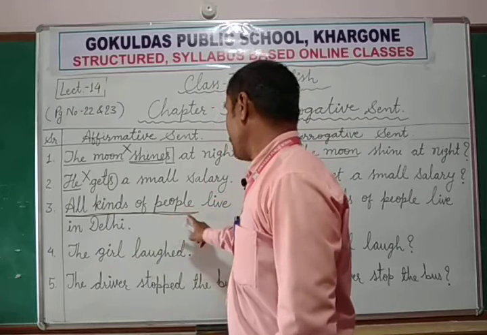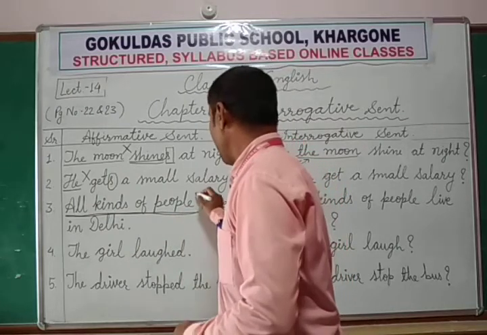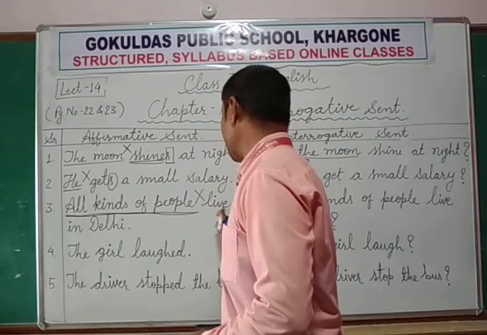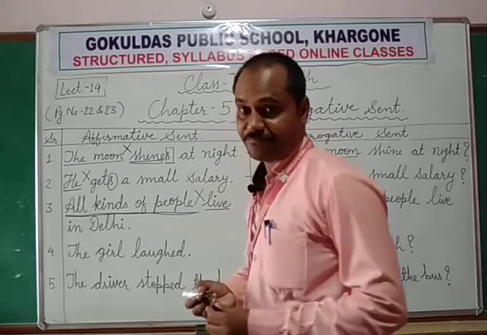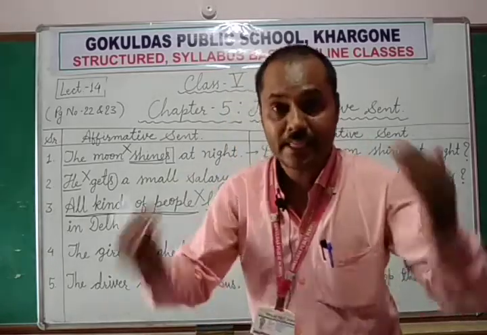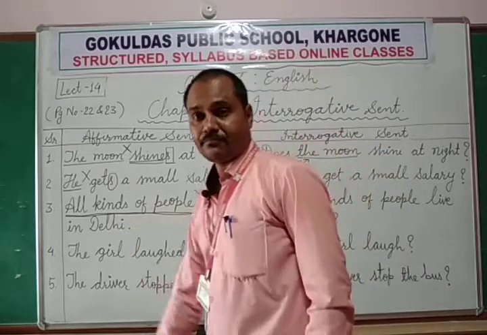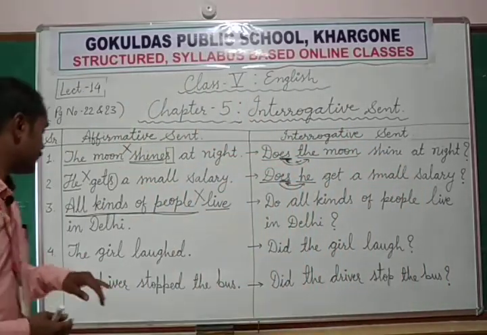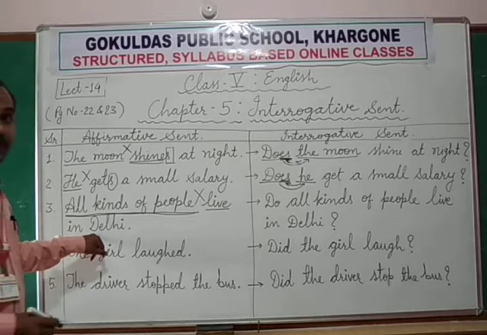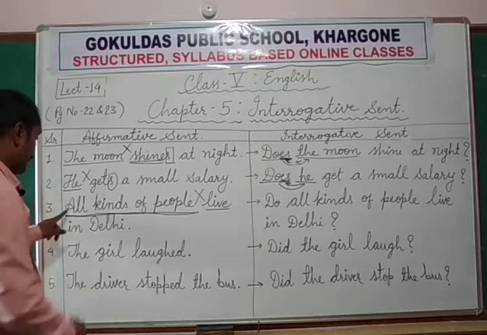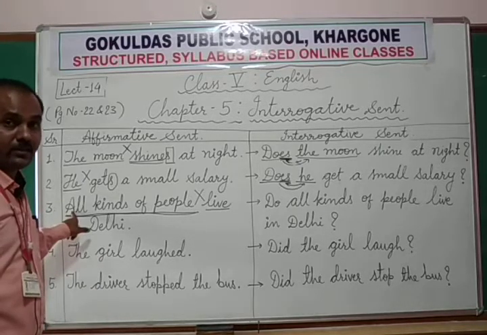All kinds of people. There is no helping verb. Directly there is the main verb live. Live means रहते हैं. Live in Delhi. Now again you will focus that D is capital here. Why is D capital? A is capital because it is the first letter of the sentence.